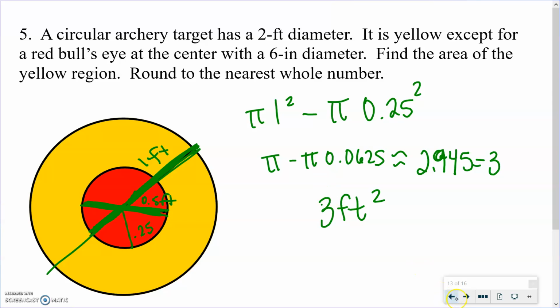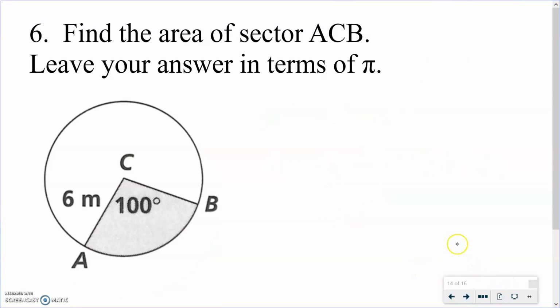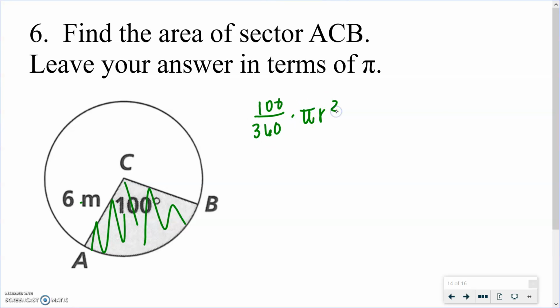All right, last problem we're going to do together. So we want to find the area of this sector. So really what we're doing is we're just doing pi r squared times the number of degrees. So we want to find the sector ACB, which is this guy right here, this whole shaded area. We know the radius is 6, so we're going to do 100 over 360 times pi r squared.